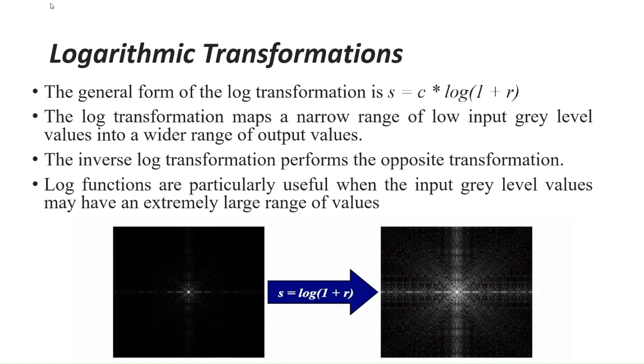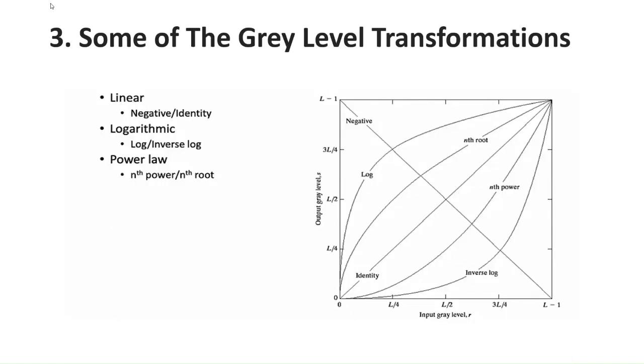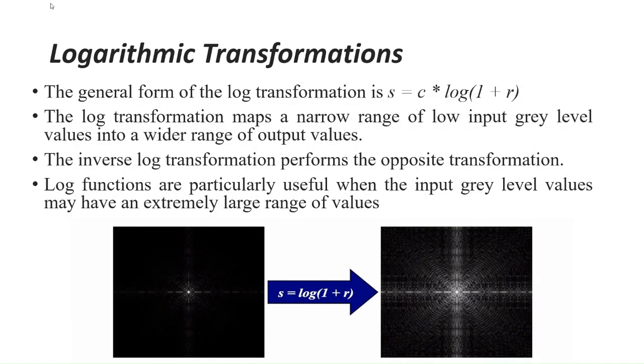One of the gray level transformations is the logarithm transformation. In this logarithm transformation, we have the logarithm function s is equal to c into log of 1 plus r. This formula is implemented for the logarithm transformation.